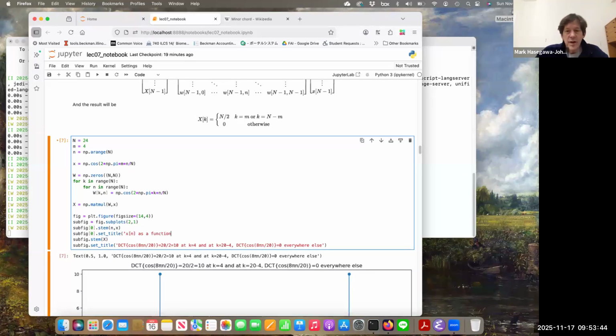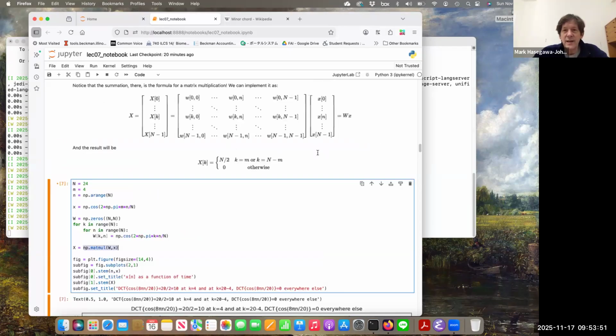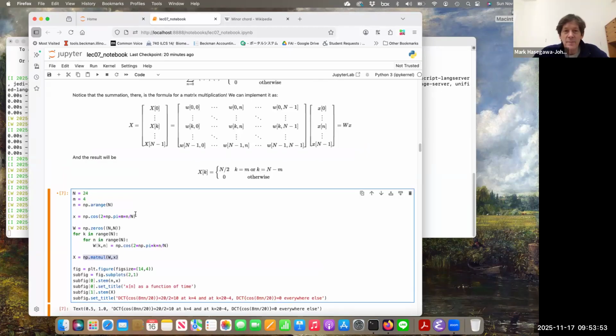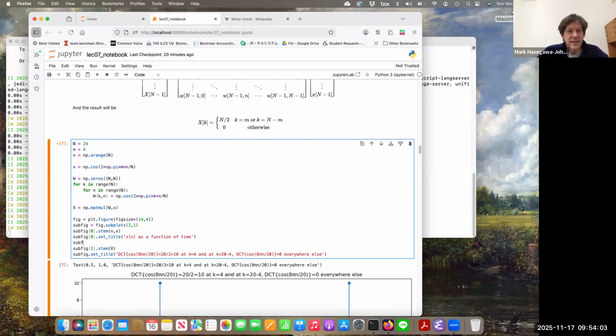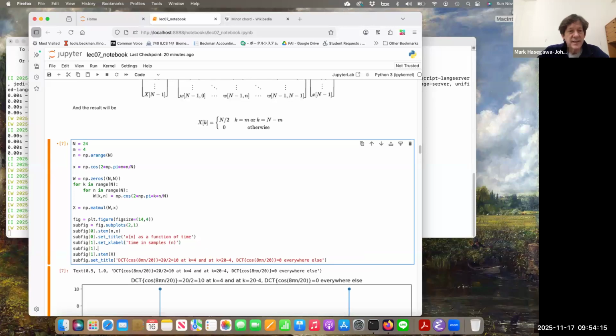And then in subfig 1, I'll do a stem plot of capital X, which is the matrix multiplication of this matrix W times this vector x. And that will show which of the frequencies. Let's add X label and Y label too. We'll say that the X label is time in samples, which is little n. And for subfig 0, set Y label, let's say that that's the signal x of n.